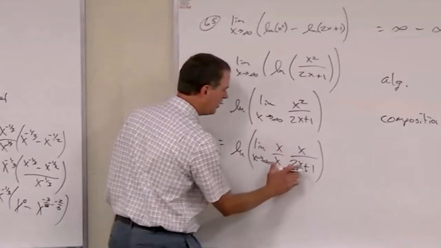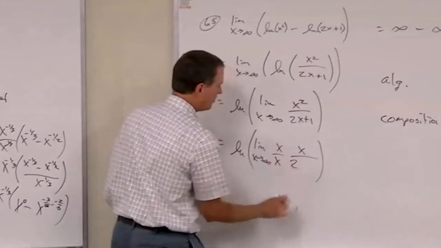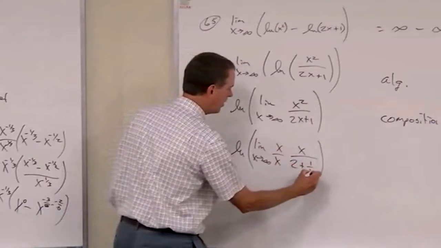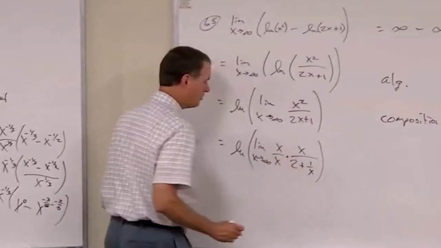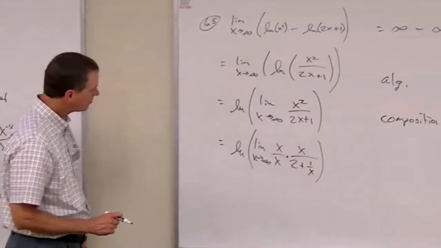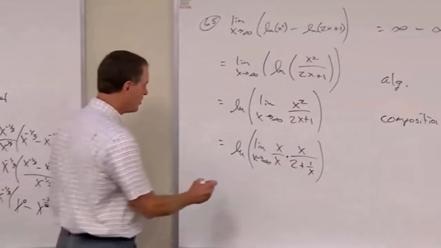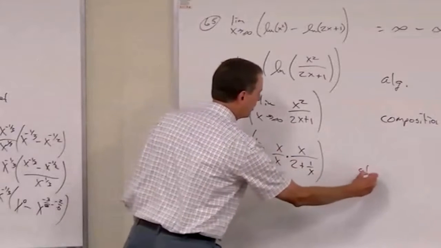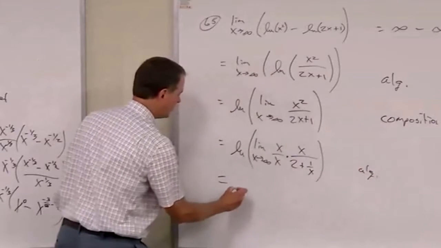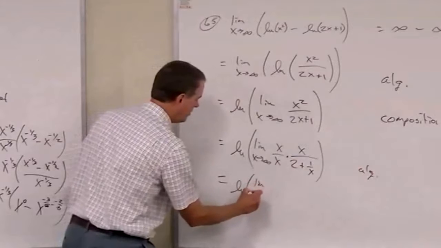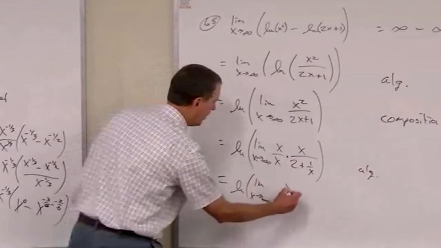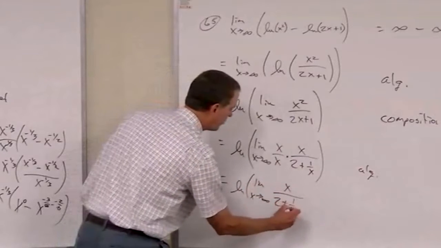Alright. This would be 2 plus 1 over x. I'll agree with that. Sure, that works. So now those x's can cancel because we're not anywhere close to 0. So this is just algebra again. So this is the logarithm of the limit as x goes to infinity of x over 2 plus 1 over x.